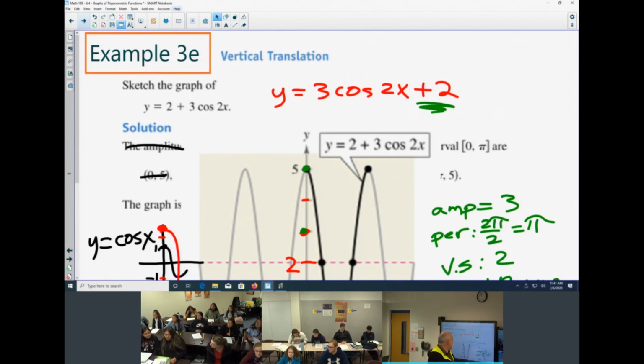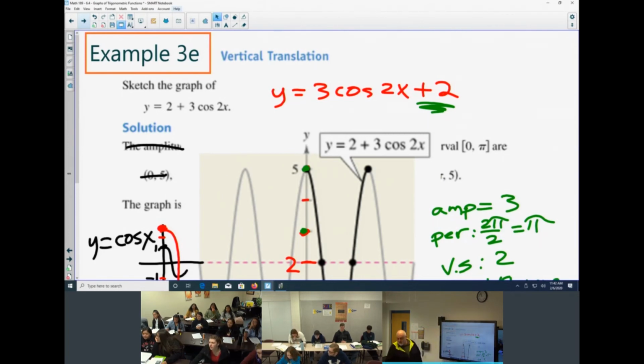The lowest point normally would be -3. But then from -3, you're shifting up 2. So the minimum point would be -1. Okay? Do y'all understand how I got those numbers? So you take the amplitude, the high and the low, and then shift up or down, as the case may be. Okay, so let's try.